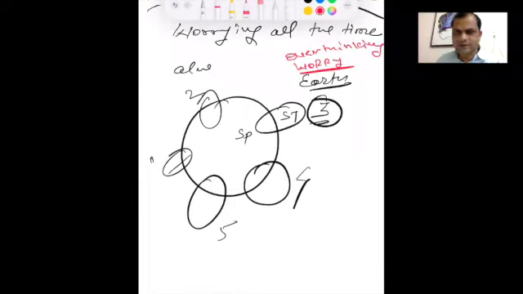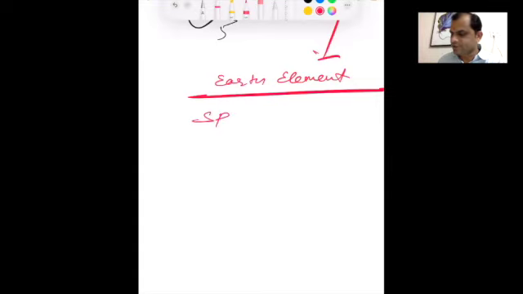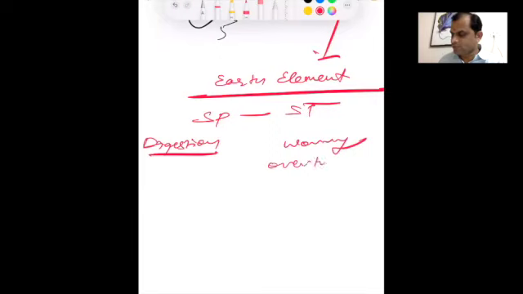I am telling you something, but you are not listening to me or thinking something else. That is overthinking. So this is the earth element, called the third element, which is connected with the spleen and stomach, physically connected with digestion, and mentally and emotionally connected with worry and overthinking.